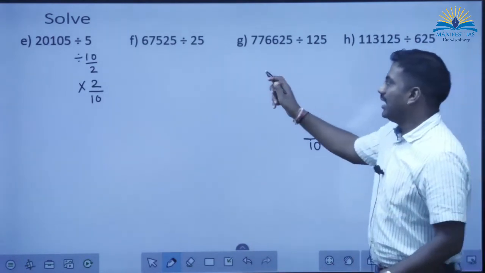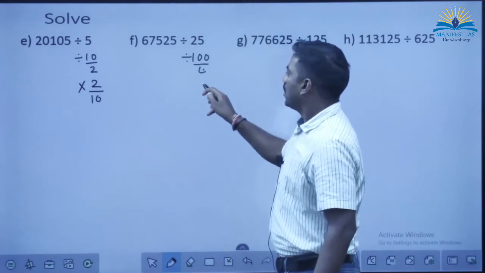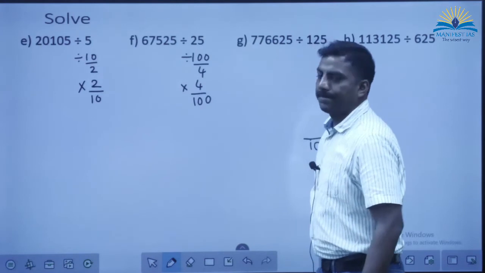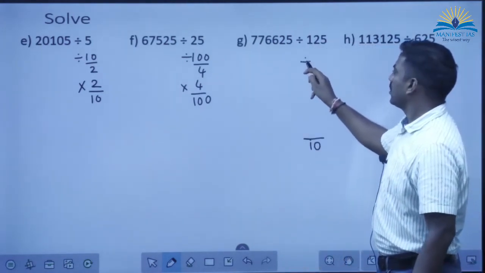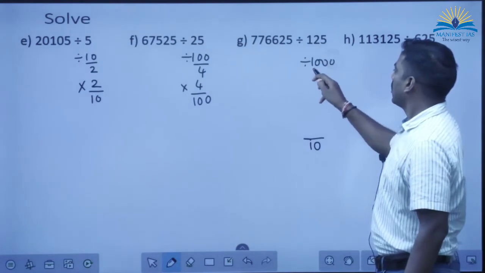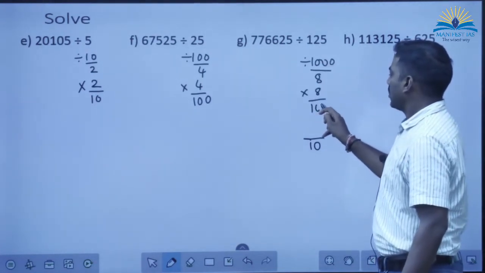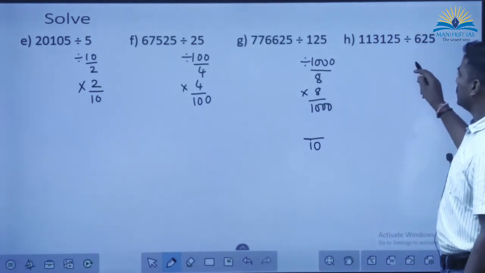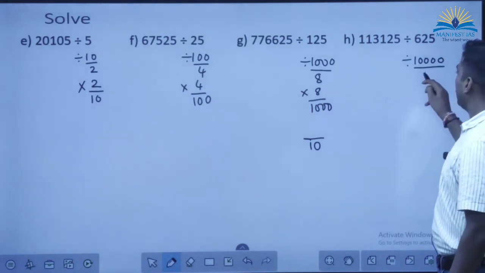Yes? Similarly, 25 will become what? Multiply by, even if you drop the idea for this, I don't have a problem, 10,000 by 16.